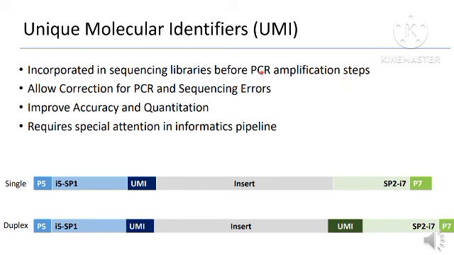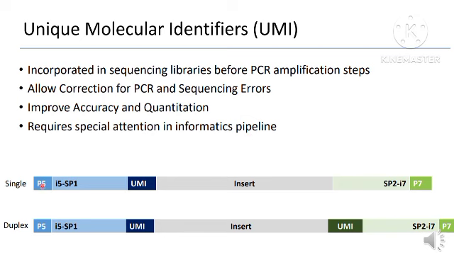So before PCR amplification itself, you are tagging your sequence with UMI. So it will correct your PCR and sequencing errors so that it improves accuracy and quantification, but we need to pay special attention in the bioinformatics pipeline.